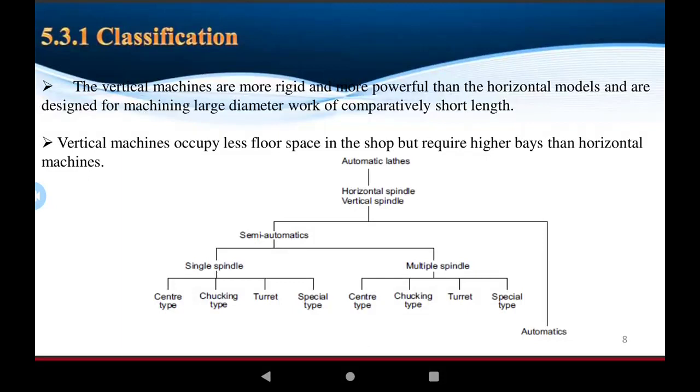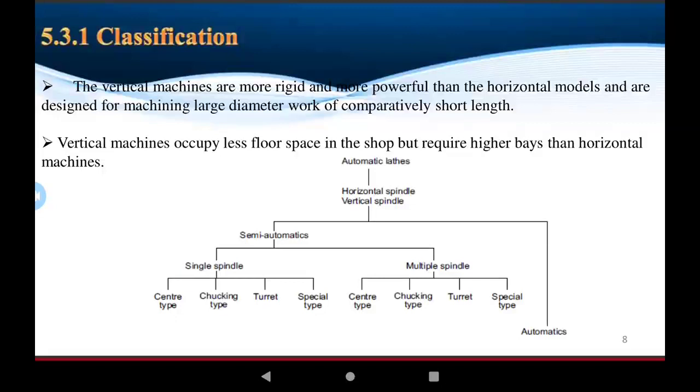The vertical machines are more rigid and more powerful, and the horizontal model is designed for machining large diameter work of comparatively short length. The horizontal machines provide two motions, including reciprocating motion, which are the x and y motions, in one direction of power: forward and backward motion, with the tool moving from backward to forward.